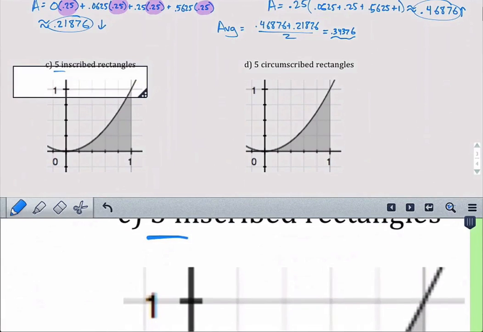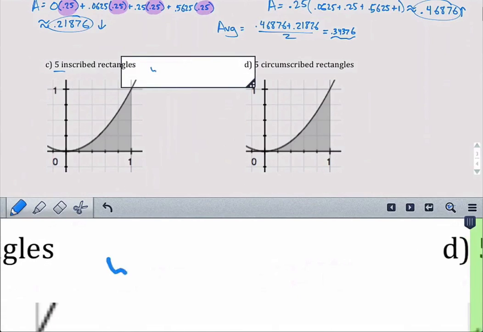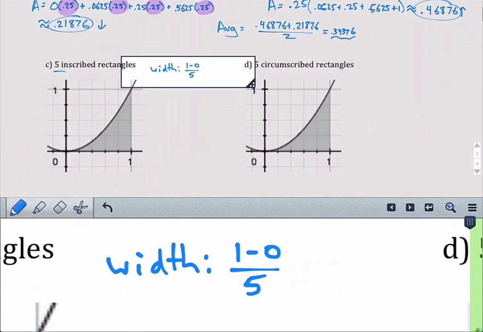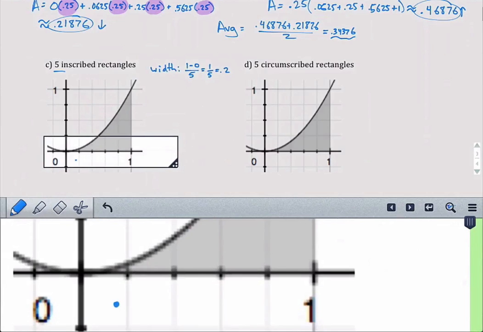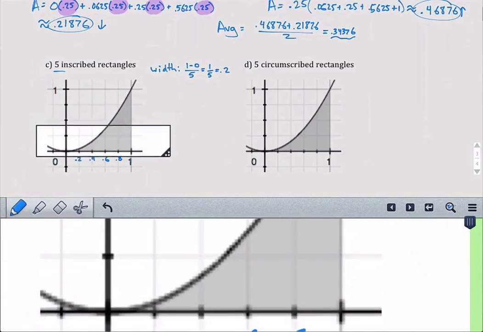So what we want to do is find the width of each rectangle first, and that's going to be 1 minus 0 cut into 5 equal portions, which is 1/5, or 0.2. So if we label all of these here, we're going to get 0.2, 0.4, 0.6, 0.8, and 1. So let's go ahead and deal with our inscribed rectangles first.